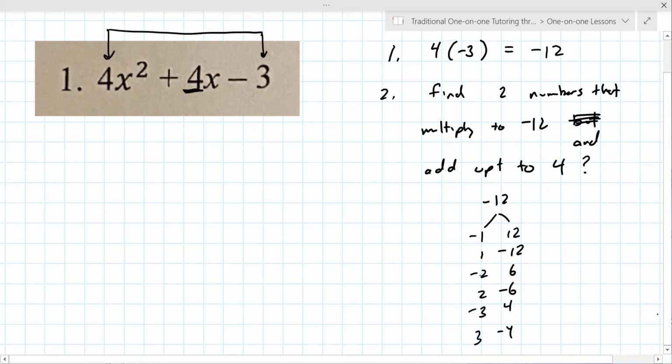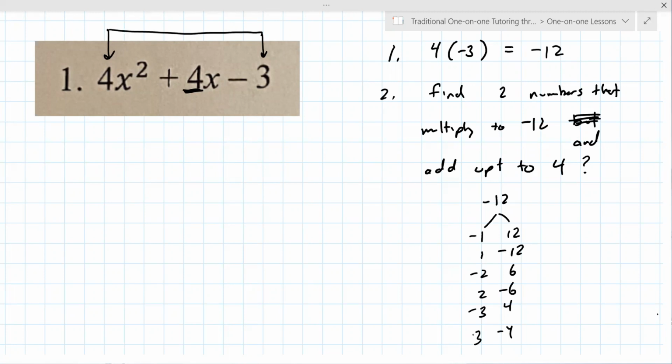So which in this list add up to +4? Six.